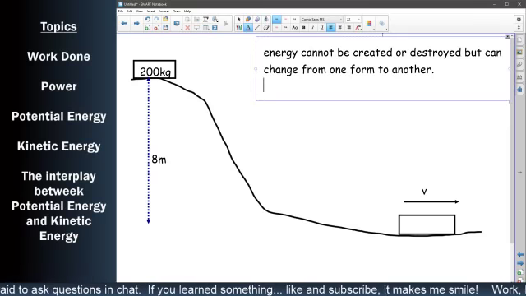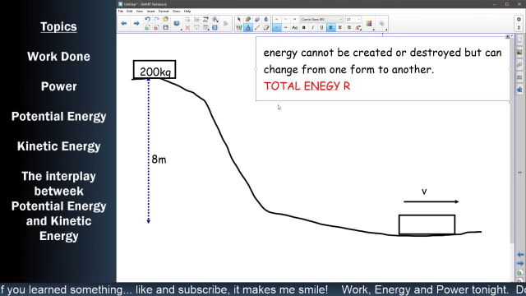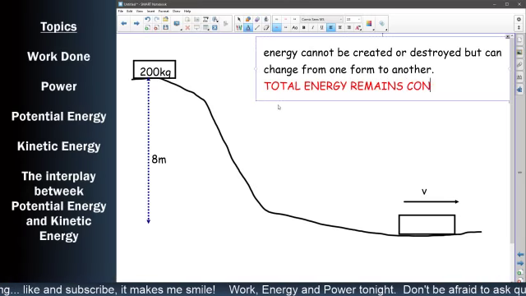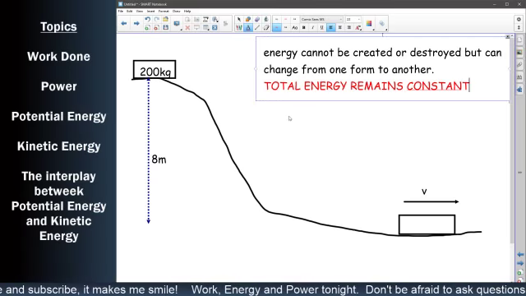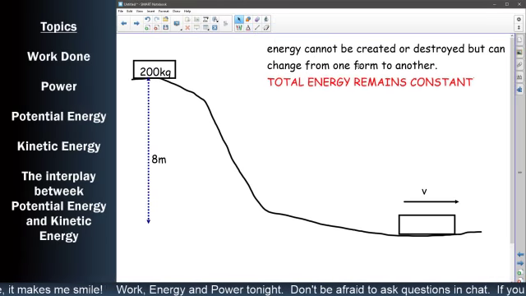Now, that's nice, but for the purposes of this example, all we need to say is that the total energy remains constant. Burn that into your brain, and you can do this question with relative ease.